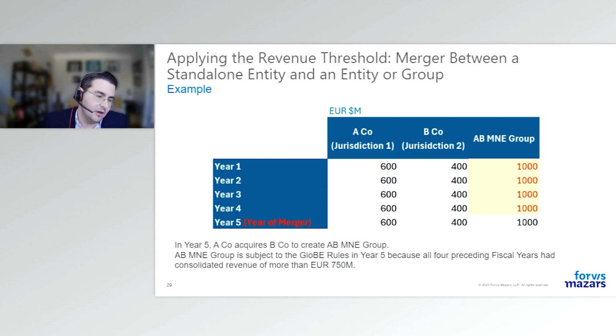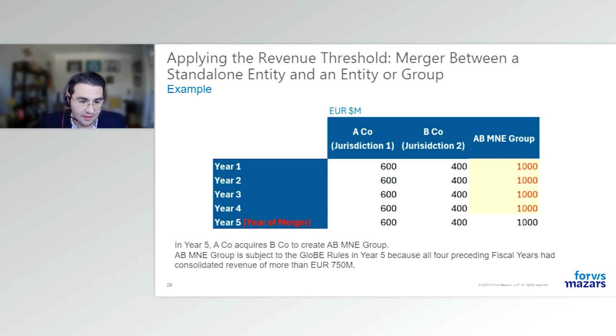So A-co makes a massive acquisition, and what you're seeing here is that the A-B M&E group now has to combine their revenues in this testing threshold. Standalone they wouldn't have been in here, but combining it all, now they're in the soup, right? They now meet it in all of the past 4 years.